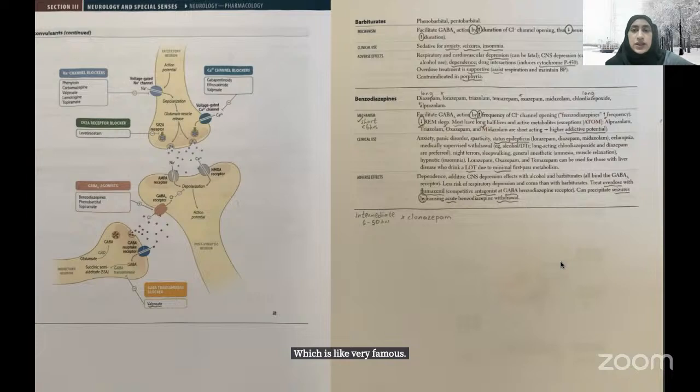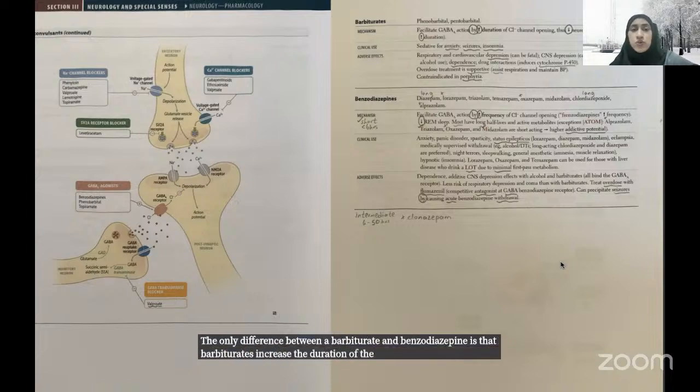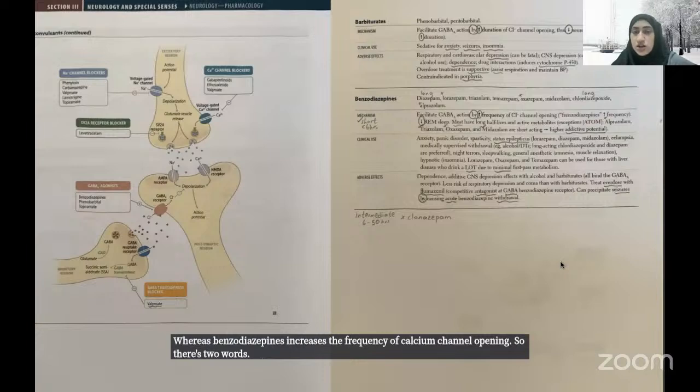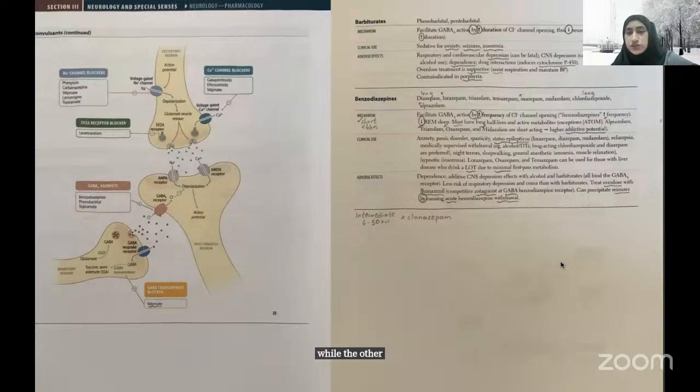The only difference between a barbiturate and benzodiazepine is that barbiturates increase the duration of the chloride channel opening, whereas benzodiazepines increase the frequency of channel opening. So there's two words: one drug increases the duration, while the other increases frequency.